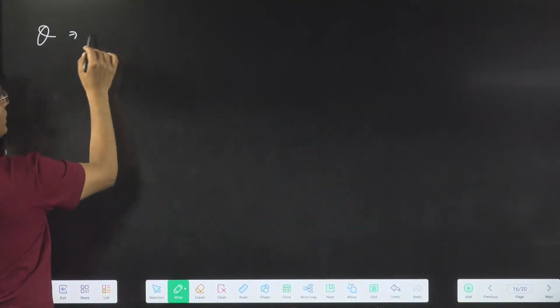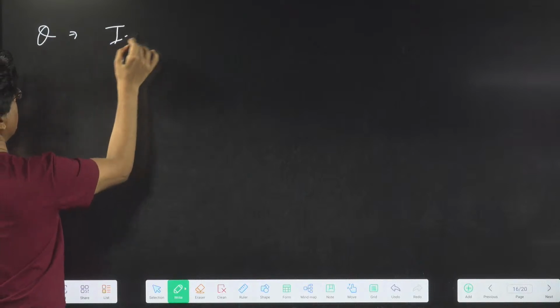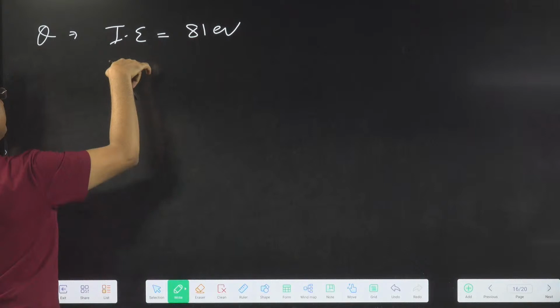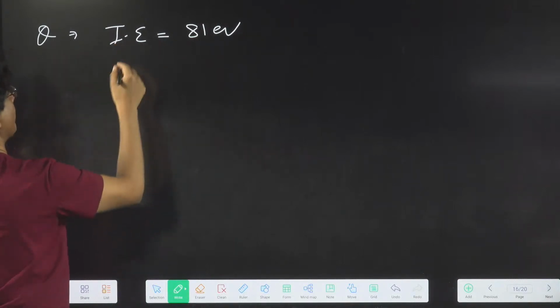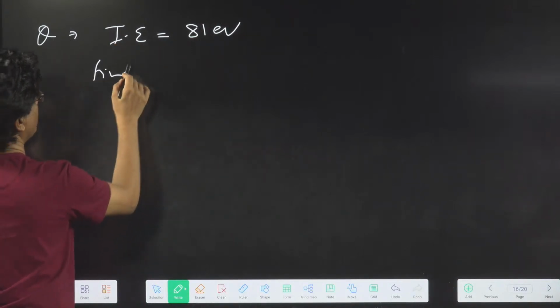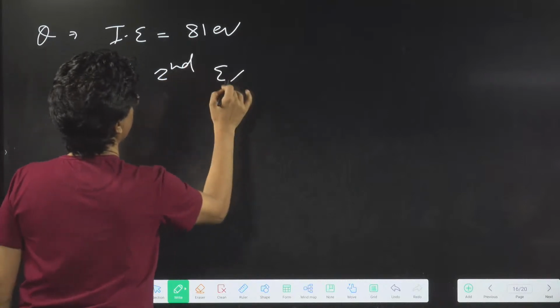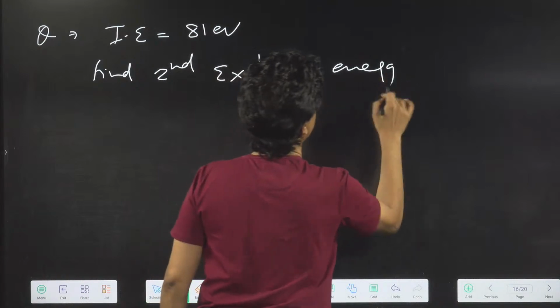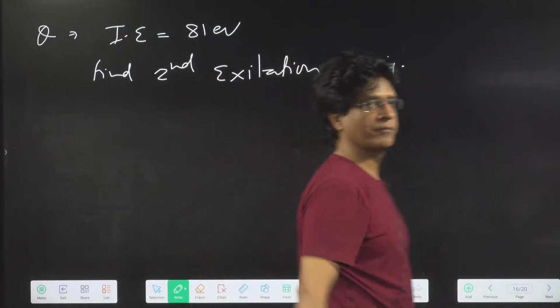Okay, one more question. And this is a good question. This question will check whether you are revising or not. Question says that IE is given as 81 electron volt, and they are saying, find the second excitation energy.